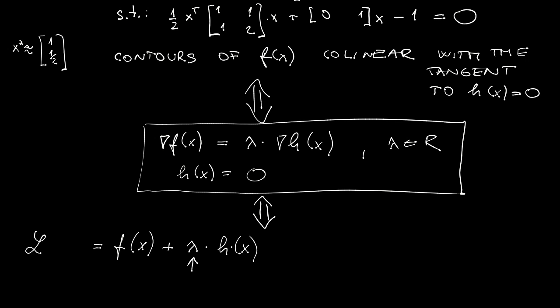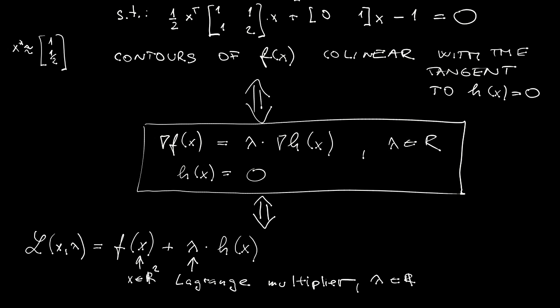Now this new coefficient, or new variable, is called the Lagrange multiplier. And the new function, the auxiliary function, also called the Lagrangian function, is a function of two variables, x and lambda. Of course, in our case, I still need to keep in mind that x is actually a vector, whereas lambda is just a real number.